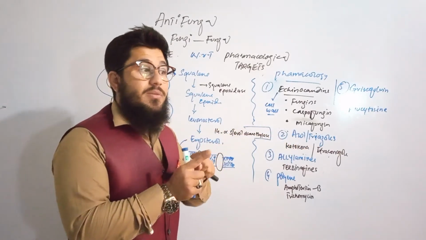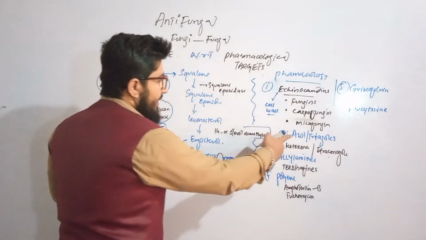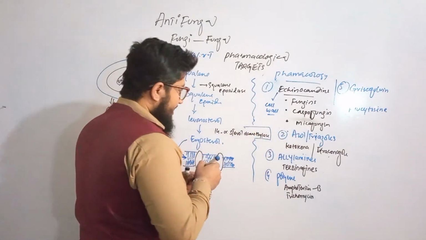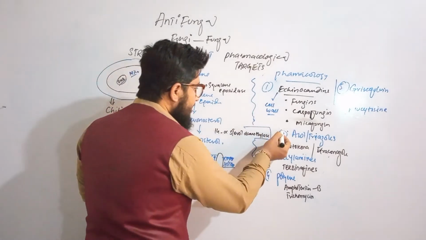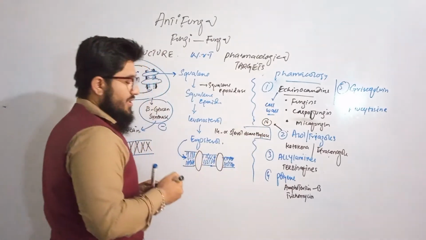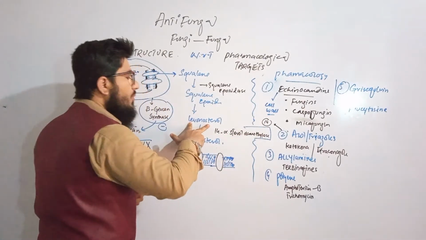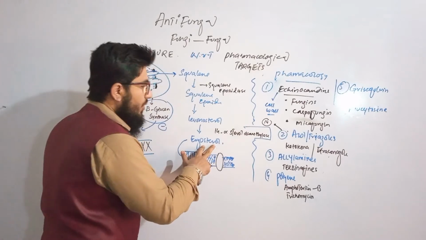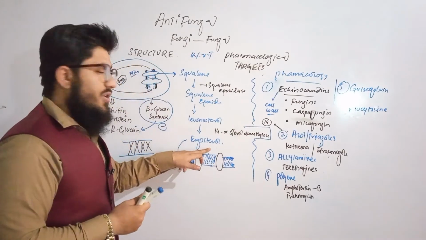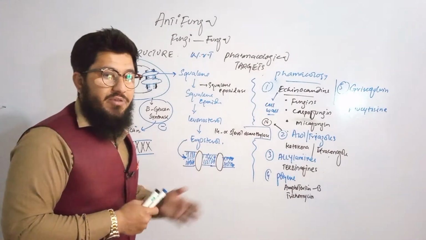Now let's move towards the mechanism of action. How? Very simple. Our azoles and triazoles inhibit a very interesting enzyme, 14 alpha sterol demethylase. If this is inhibited, what will happen then? Then lanosterol won't be converted into ergosterol. If ergosterol is not synthesized, then we know the integrity of the cell membrane will be lost.